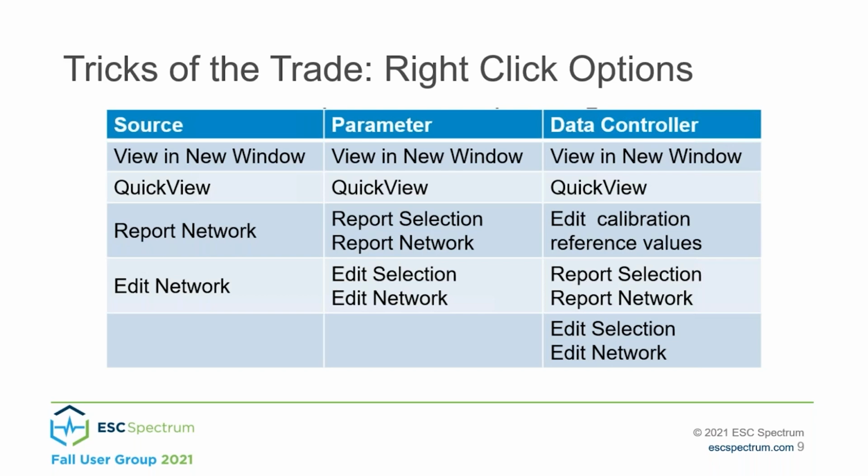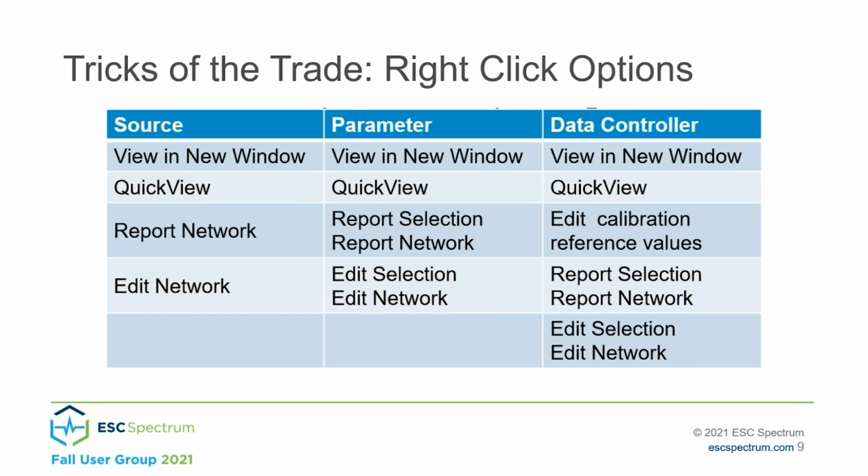That's essentially decluttering your space and moving everything in the network to a new window and removing all the other objects you don't care about. Quick View shows you quick information about the object, which is real-time data, or 1-minute data, I believe, sorry, and if the data is valid or not.